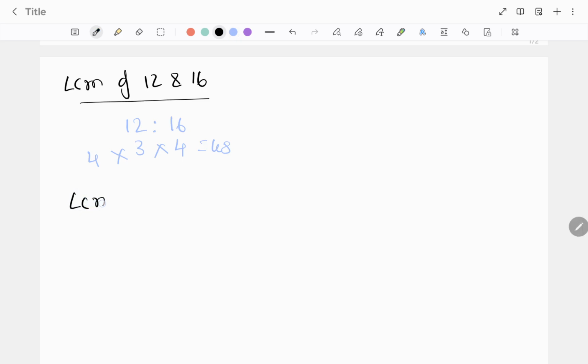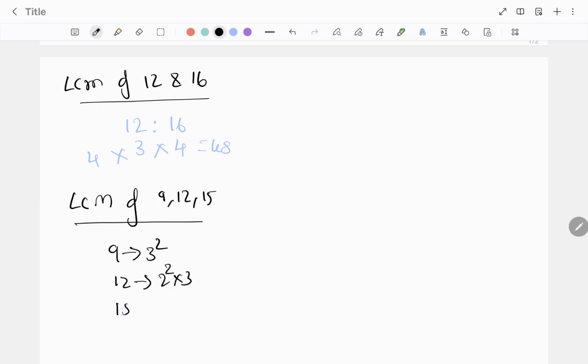Then LCM of another example: LCM of 9, 12, 15. 9 can be written as 3 square, 12 can be written as 2 square into 3, 15 can be written as 3 into 5.